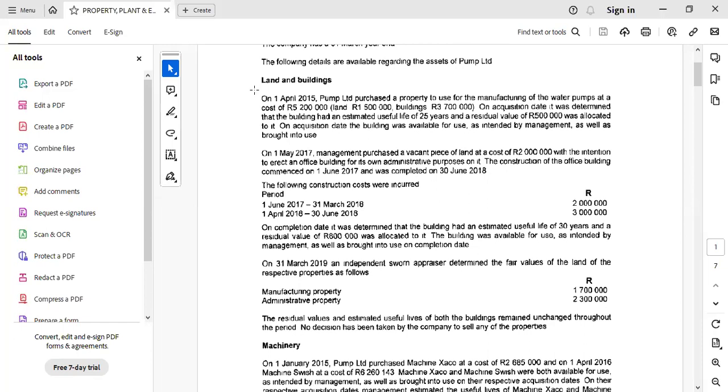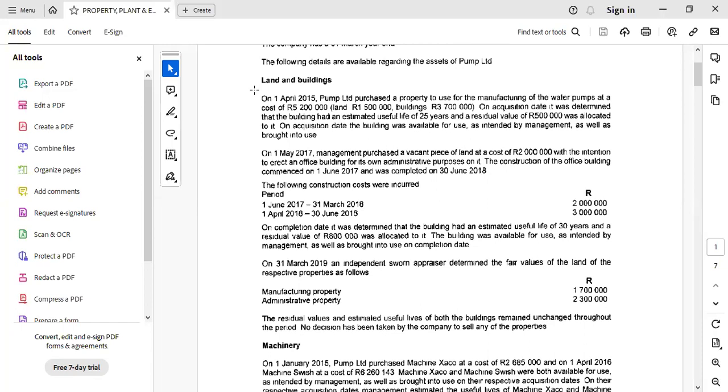On acquisition date, it was determined that the building had an estimated useful life of 25 years and a residual value of 500,000 was allocated to it. On acquisition date, the building was available for use as intended by management as well as brought into use. So this building will be depreciated from acquisition date. Remember from our previous class, we provide for depreciation from the date that the asset is available for use.